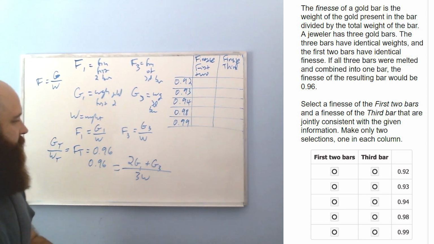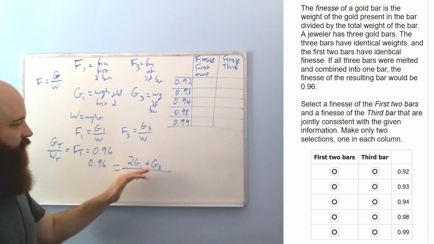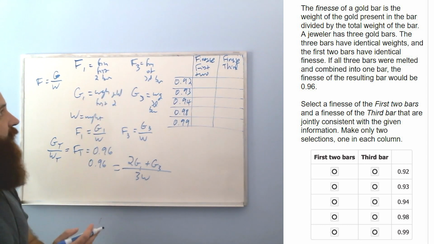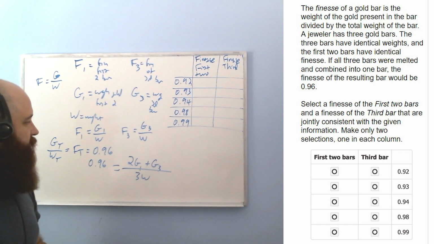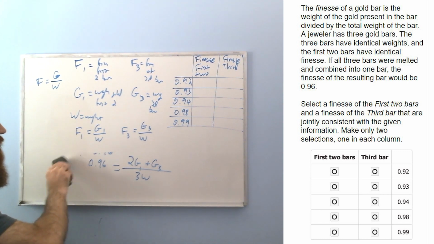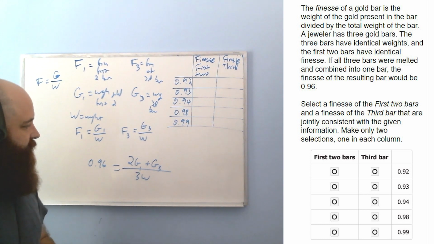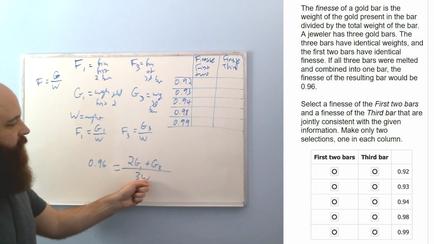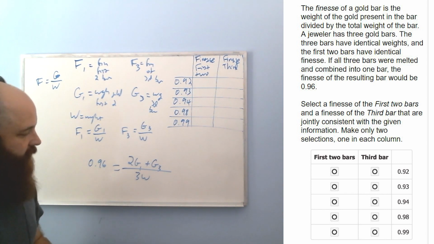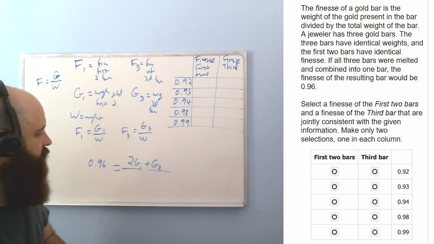Okay, so that's all well and good. The only issue is they're asking about finesse, and somehow those are missing from my equation. So can I somehow use this to work my way back to F1 and F3, which is, after all, what I'm looking for? Well, notice, G1 over W, that's what I have in this equation, and that's equal to F1. And same thing for F3, that's G3 over W. So I'll split up the denominator to make 2 different fractions just to do this really explicitly.